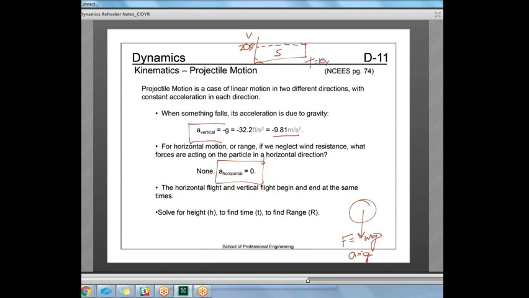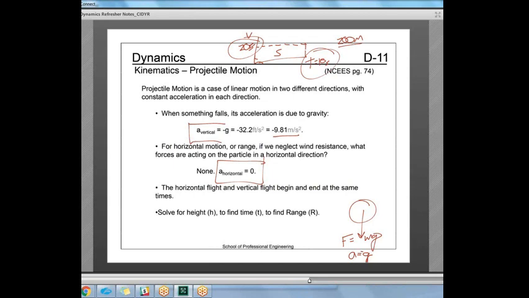So how do you figure out how far you've gone horizontally? Well, you find your horizontal component of velocity and you multiply it by time. Let's say we have a time of 10 seconds before we hit the ground or something. You'd cover 200 meters.